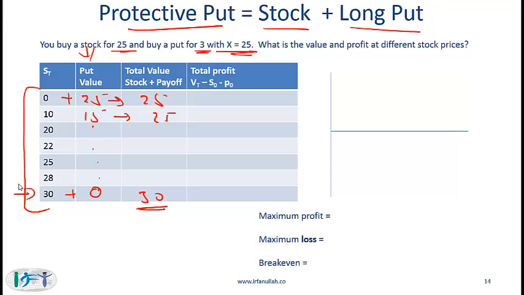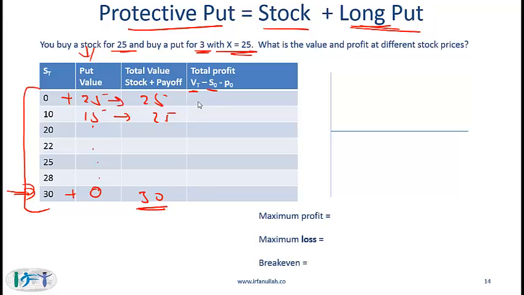So let's just take this bottom row. The value is 30 minus S0. That's how much you paid for the stock, and that is 25. Minus P0, and this is a minus because you paid for the put option. It's a long put. Unlike the covered call where you actually sold the call, there we had a plus, but here since you are buying the put, money out, therefore this is a negative.